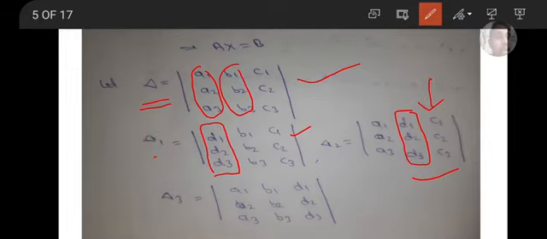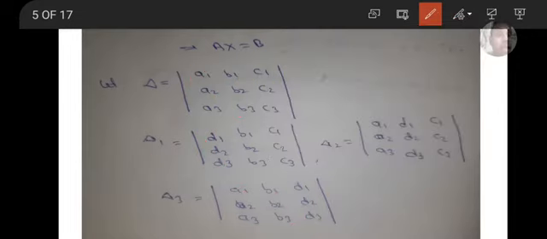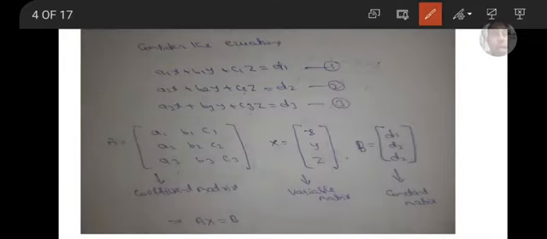The determinant of that matrix is denoted by delta 2. And delta 3 means the third column we have to replace with d1 d2 d3, and remaining a1 a2 a3, b1 b2 b3. This is denoted by delta 3. First, delta means determinant of the coefficient matrix.